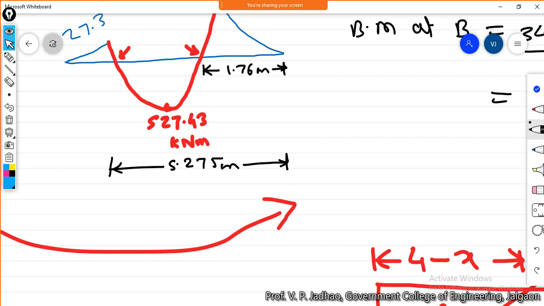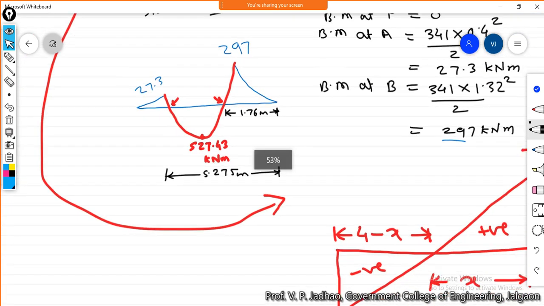So up to this we have calculated the maximum bending moment and found the location of the points of contraflexure. Now we have to find out the depth of our footing.